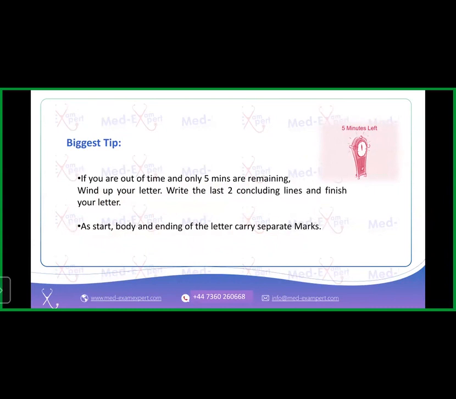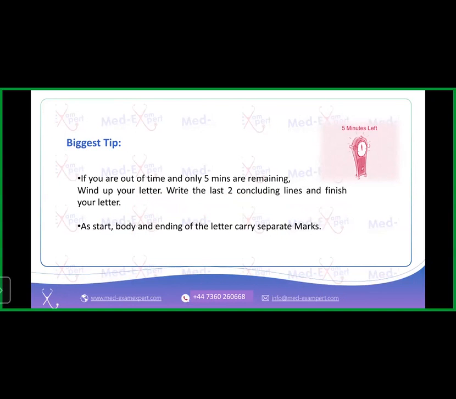You have 40 minutes in the exam, and sometimes it happens that the case notes are very extensive, or due to any reason you feel like you cannot match up with the time. So I would suggest that you write the last visit very quickly, and then write the last 2 concluding lines and finish your letter. The last 2 concluding lines, for example, can be: in view of the above, I believe that the patient needs your urgent care and assessment.